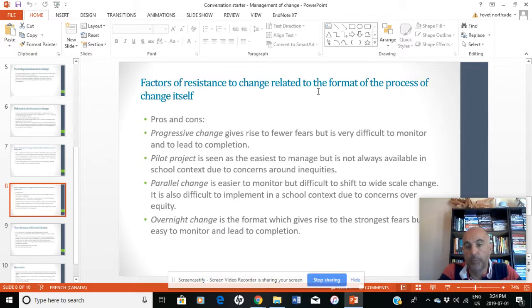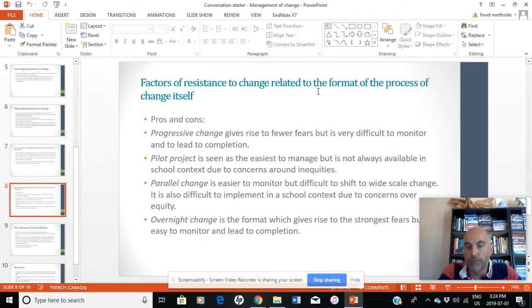And again, here there's a problem with equity. I've seen parallel change happen, for example, in bilingual schools where I've worked, where they said, right, the English-speaking side is going through the change because it's smaller, and the French-speaking side will go on later. And then there are definitely complaints and issues with regards to why certain students and certain parts of your population are allowed certain benefits of certain change processes, and the others are still not.